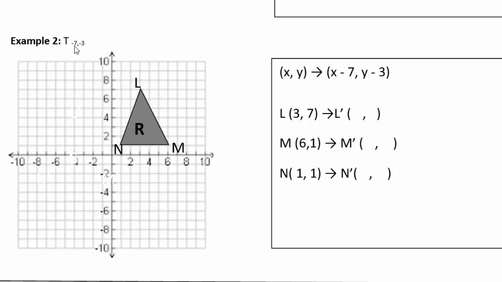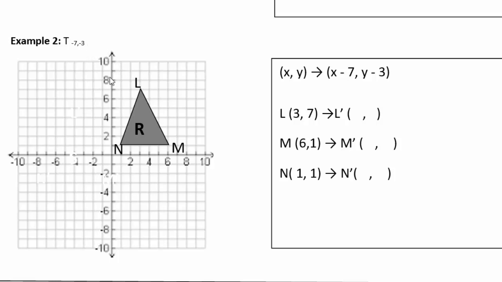So since in the A position it says -7, this first number always tells us the horizontal movement that they want for this translation, which is our x coordinate. So in our mapping notation we're saying take the original coordinate and from the x value subtract 7. So we're going to go towards the negatives 7 spaces. In the B position it says -3.